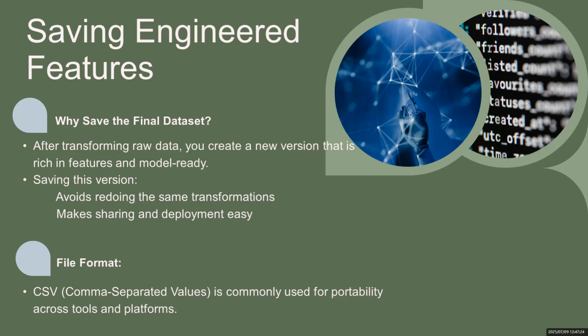Now, for you to do this, you can actually save using different file formats. It could be the CSV, it could be the .txt, but then it's commonly saved using the CSV, okay, for portability across tools and platforms.